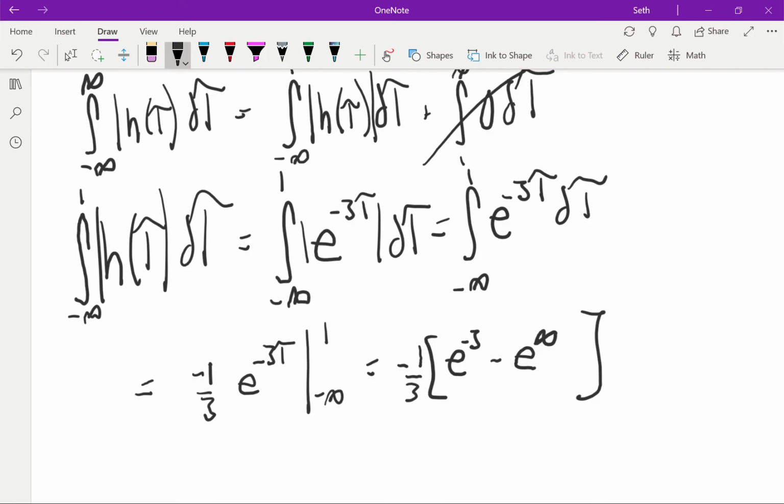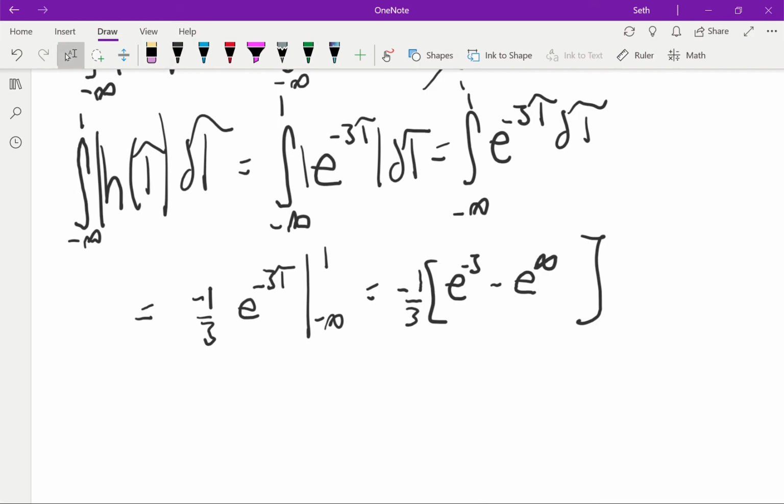And we know that any number minus infinity is going to be negative infinity, but we have this negative out here, so if we distribute that, we get positive infinity.